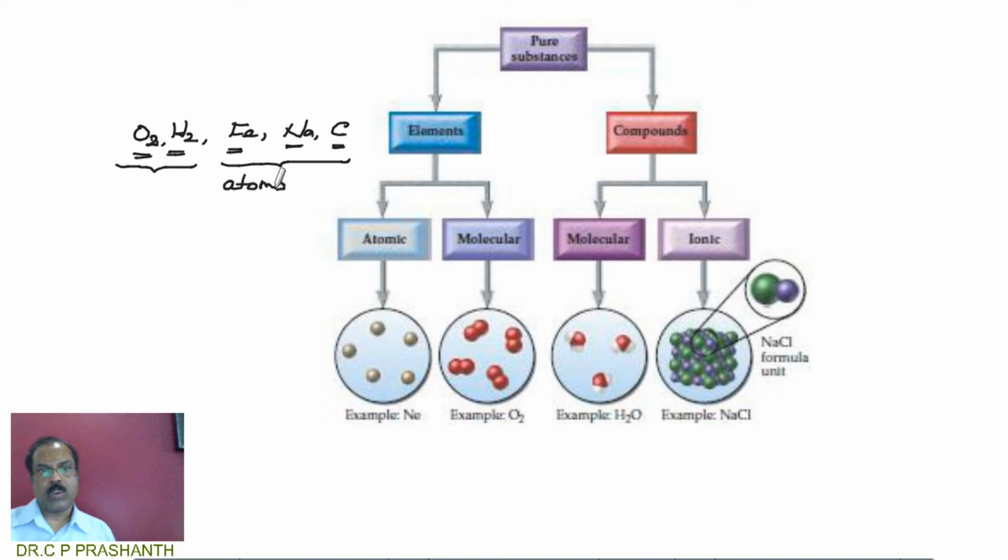That means they exist in the form of atoms. But oxygen exists not as O, but it exists as O2. Hydrogen exists not as H, but it exists as H2, and we call them molecules.